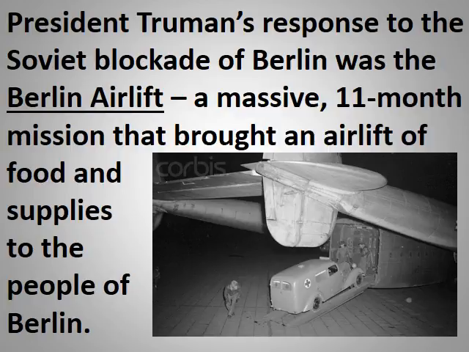Okay, in response to Stalin's blockade, in response to Stalin preventing us from having access to West Berlin, Harry Truman helped create and launch an 11-month mission that would bring airlifts of supplies, food, weapons, as you can see here, ambulances. Okay, they would literally fly these things over to Berlin, land on an airstrip in Berlin, drop it off and fly away. And this lasted 11 months.